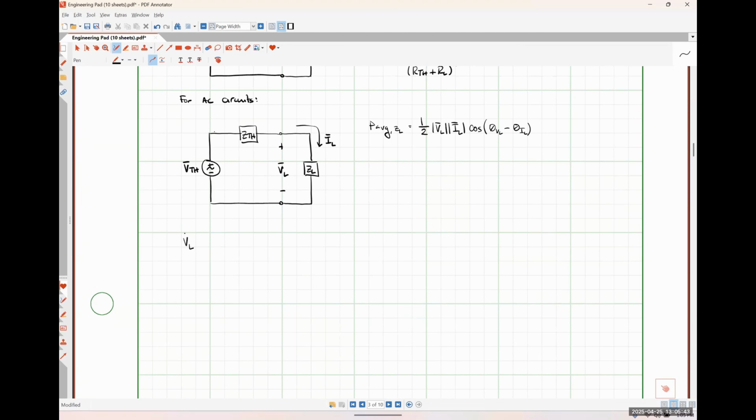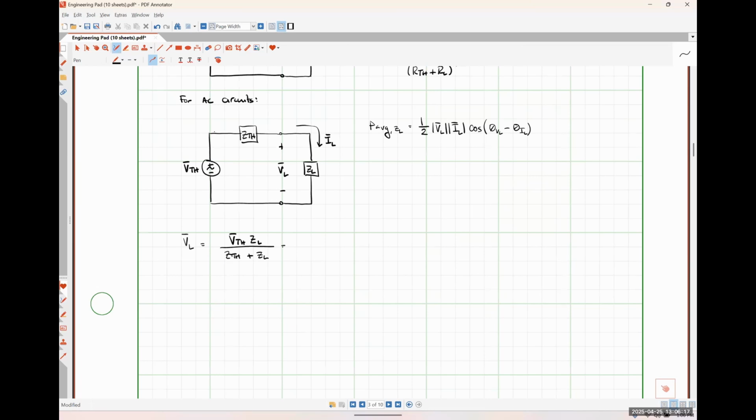So I can say that my phasor voltage VL is just going to be, using voltage division, my Thevenin voltage multiplied by ZL divided by ZTH plus ZL. Does anybody have any problems with that application of voltage division?